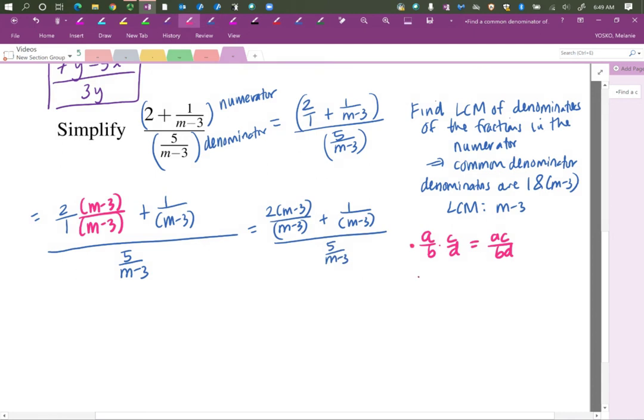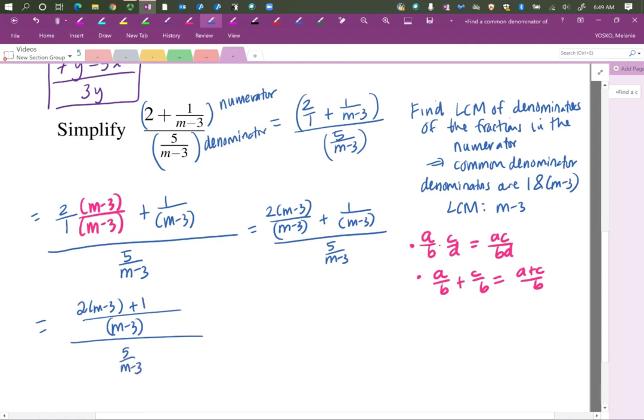As we said a few minutes ago, a over b plus c over b, if they have a common denominator, is the same thing as a plus c over b. Rewrite the common denominator and combine the numerators. So this is m minus 3, that is the denominator that's in common with both, and then 2 times m minus 3 plus 1. The whole thing is divided by 5 over m minus 3.